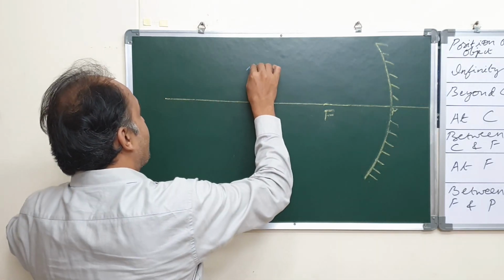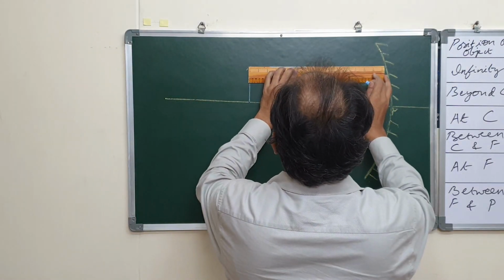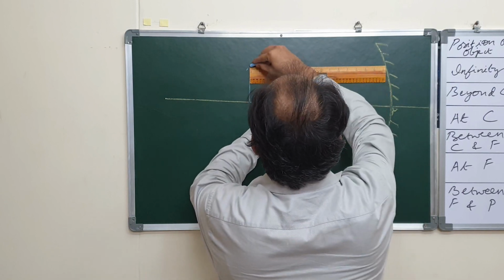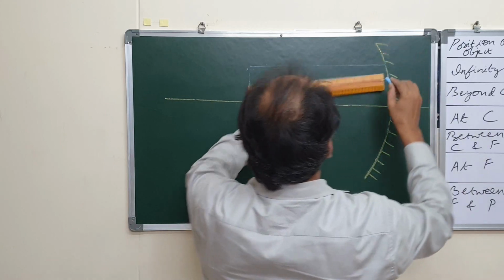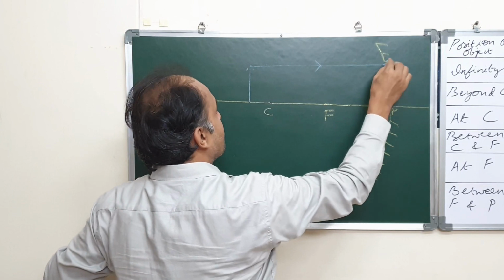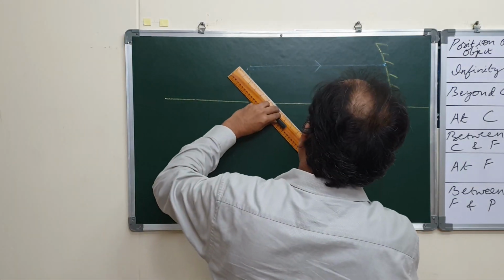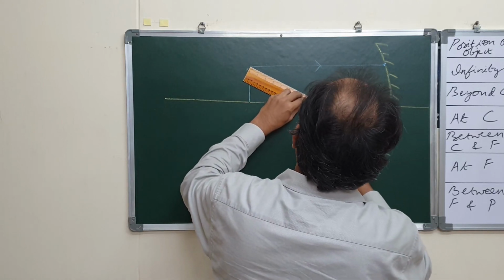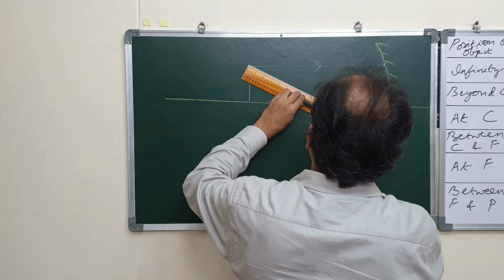With a head and a tail, and one ray I will draw parallel to the principal axis. That is this one. This is its point of incidence. And another ray I will draw through the focus, or you can even draw through the center of curvature, any which way, no problem.